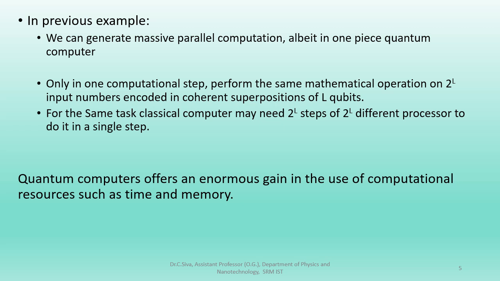For example, for 10 inputs, we need to go for 10 steps, or otherwise we need 10 processors to do it in a single step. But a quantum computer performs the same task on all encoded inputs in only a single computational step.